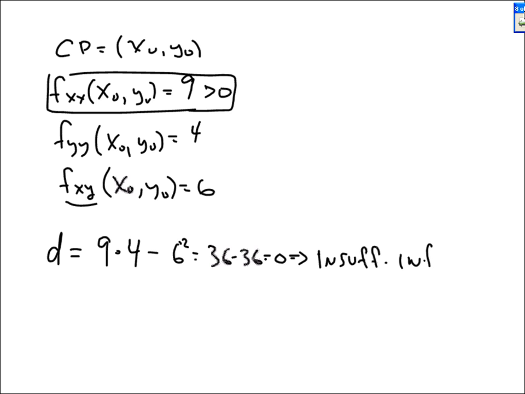Insufficient information. We can't tell. The test failed. I mean, that's what it tells us. If D is 0, the test fails.